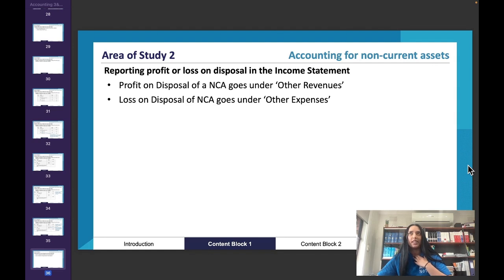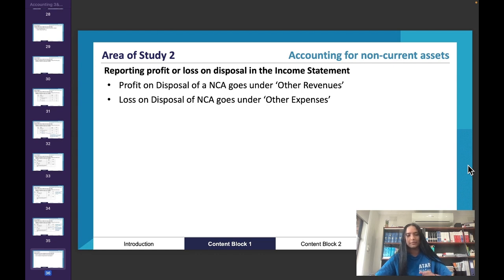And same with interest revenue. So interest revenue is interest earned on, for example, a term deposit, and that is related to a term deposit. It's not related to inventory. And so because it's not related to inventory, it goes under other revenues instead of going in the first half of the income statement.